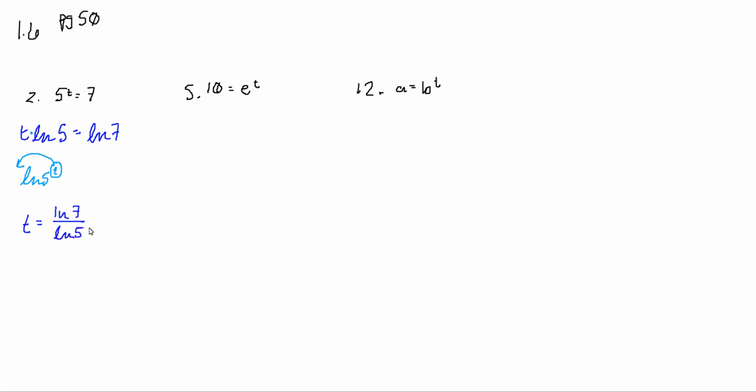All right. And can I simplify this any further? Well, you could use the calculator. Yes. What I was getting at is that sometimes people get confused. If you see something like the natural log of 7 over 5, this is equal to the natural log of 7 minus the natural log of 5.